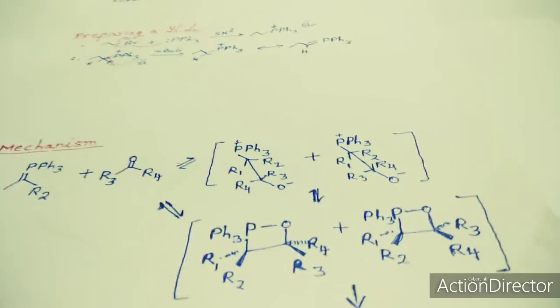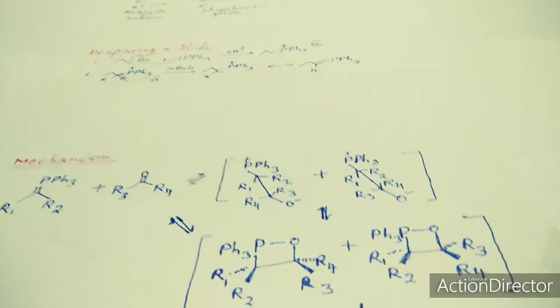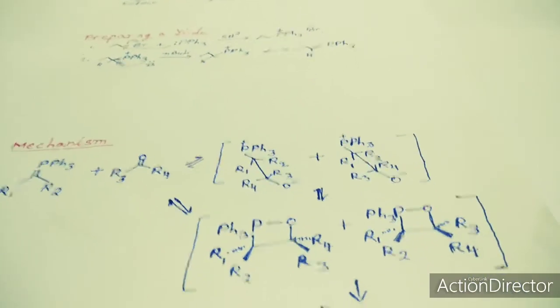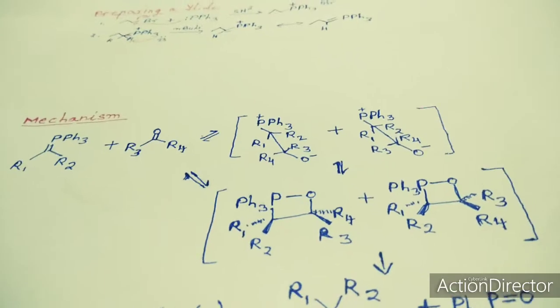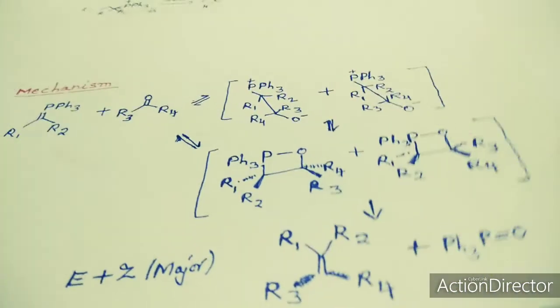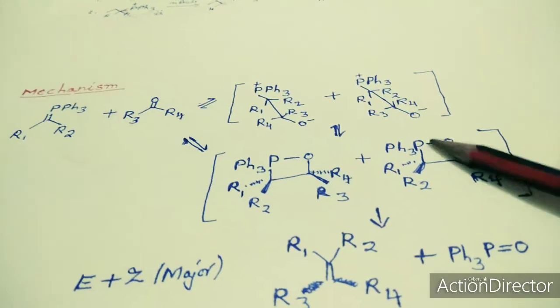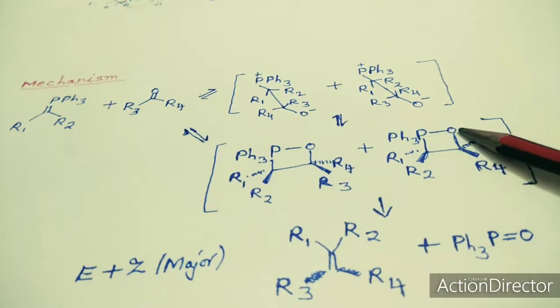As a result, this four-membered state will be formed. This four-membered state will collapse to give the product, because P positive will be pulling the oxygen, so between P positive and O negative, this bond has been formed.